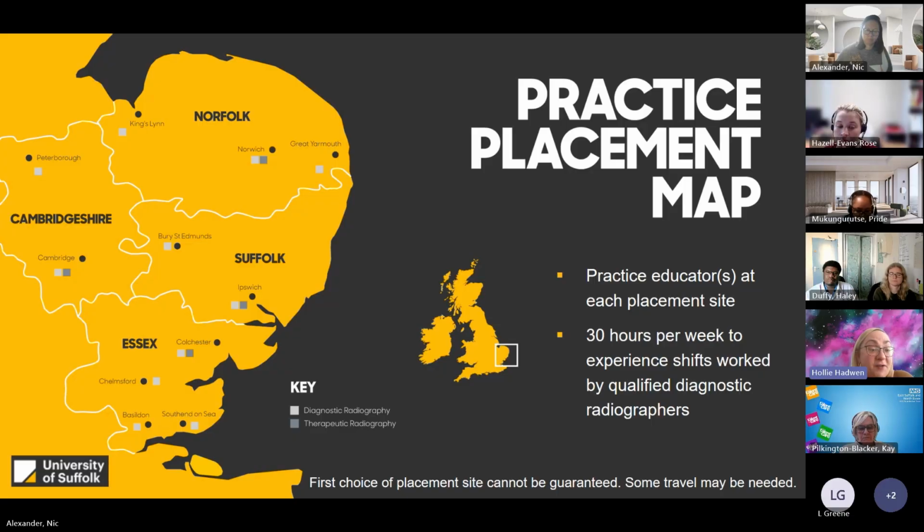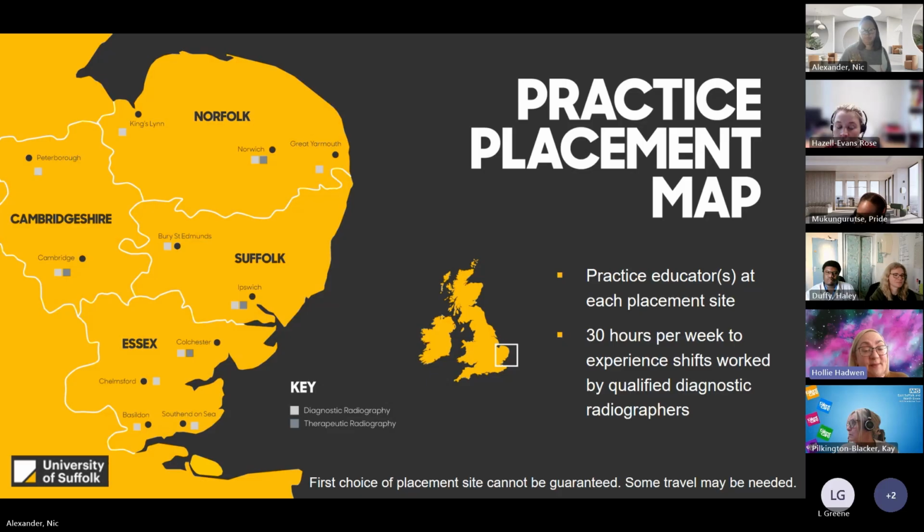So after your interview, if you choose to study radiography, we ask you to rank the hospitals in your order of preference, and we get you to think about things like, would I prefer to train at a large hospital or a smaller hospital? Do I want to be close to campus, or do I want to be closer to a family home that might be elsewhere? We have some specialist hospitals in our region, so we really get you to think about where you would like to spend that time.